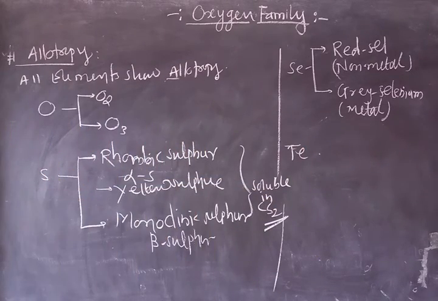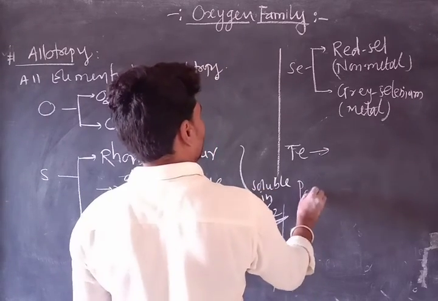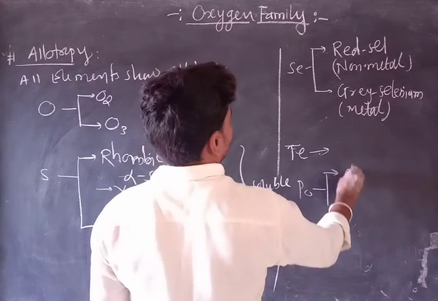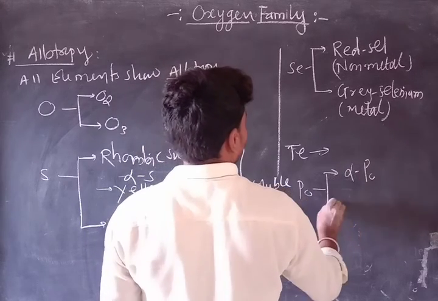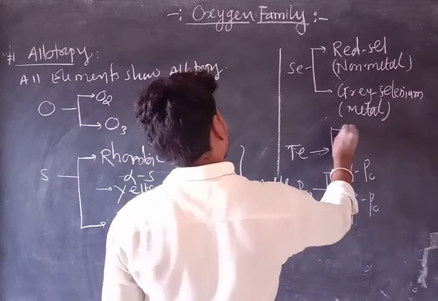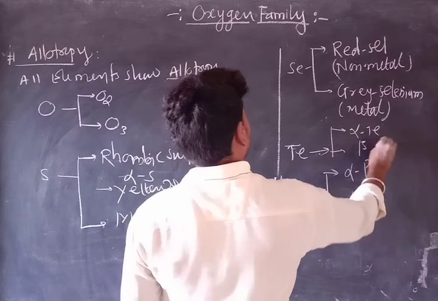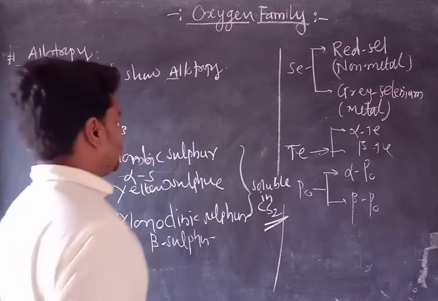Tellurium also has allotropes, and polonium has two allotropes: alpha polonium and beta polonium. Similarly, tellurium has alpha tellurium and beta tellurium allotropes.